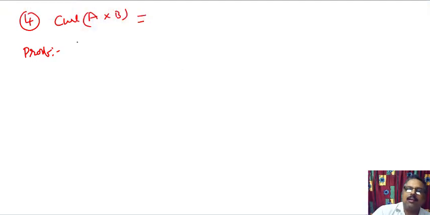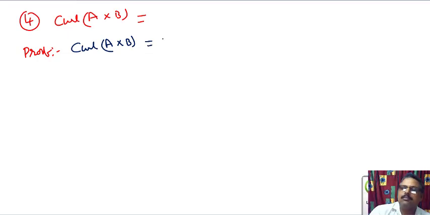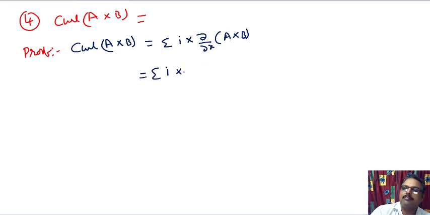Okay. What is curl of A cross B? What is the sigma notation? Sigma i cross dou by dou x of A cross B. Now again we are multiplying, so using the UV formula: dou A by dou x cross B plus A cross dou B by dou x.